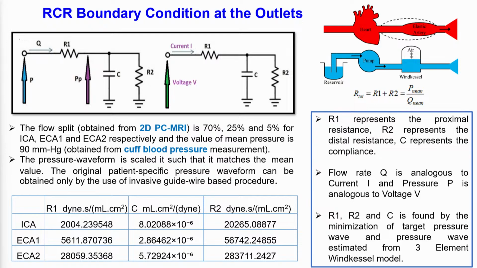So, if you minimize the difference between these two, then whatever parameters R1, R2 and C you get are like equivalent resistances and capacitance, which will give the same pressure profile.